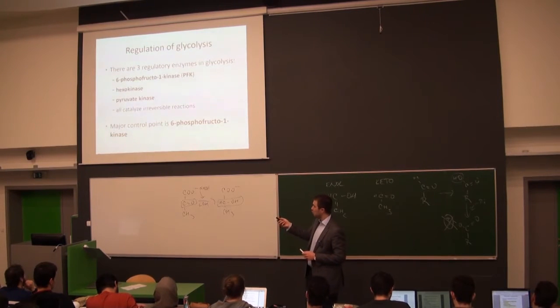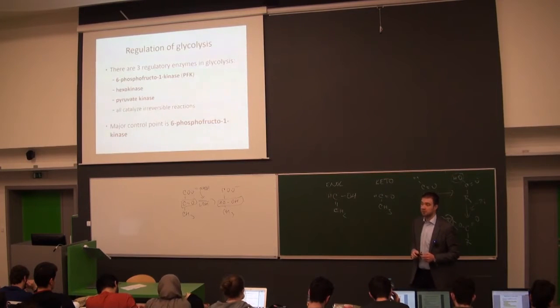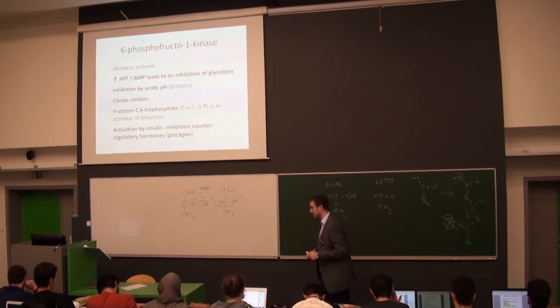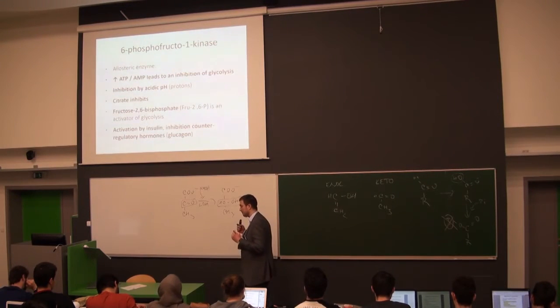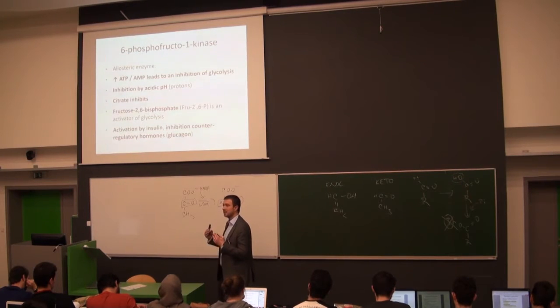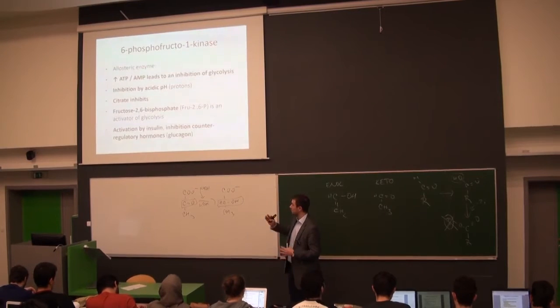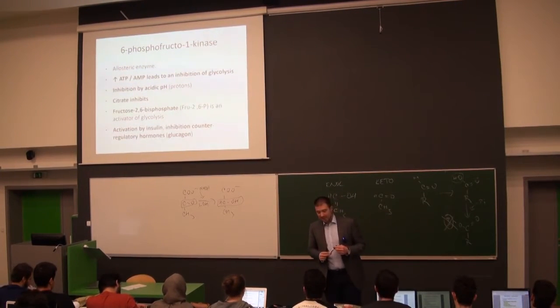But what you should know in detail is the regulation done by the phosphofructokinase. The phosphofructokinase is a typical allosteric enzyme that senses many signals from the cell. If I start with the first, that's the ATP-AMP ratio.